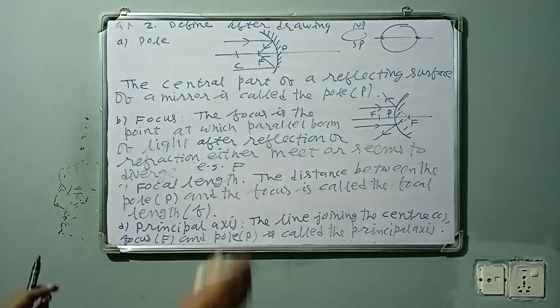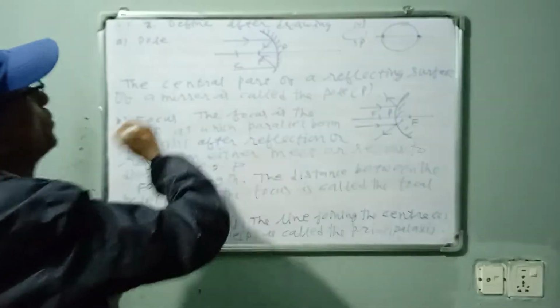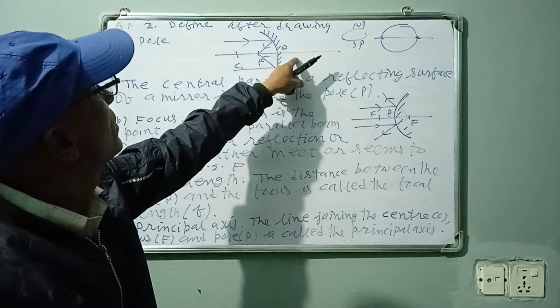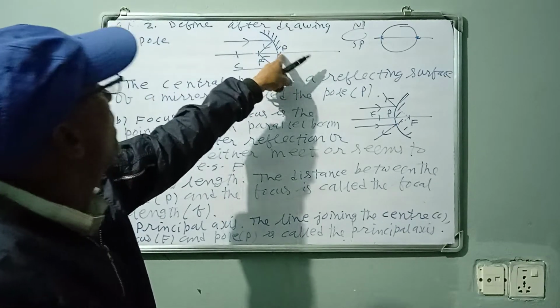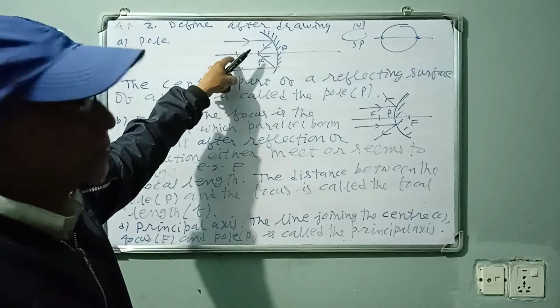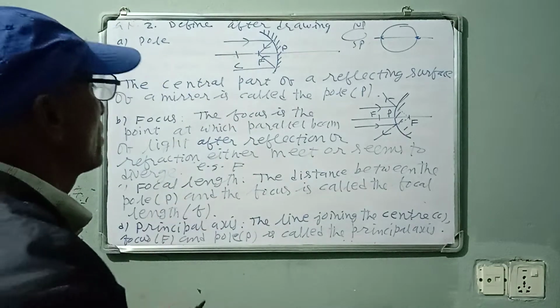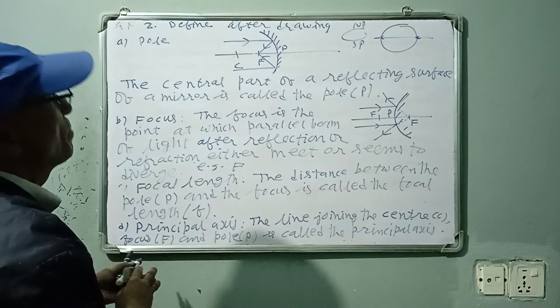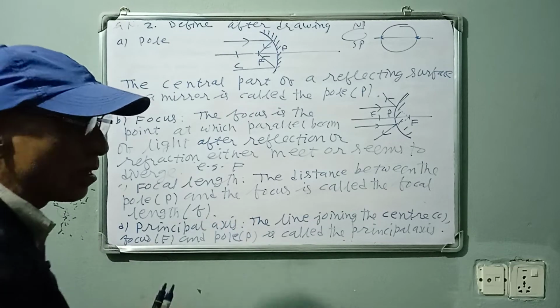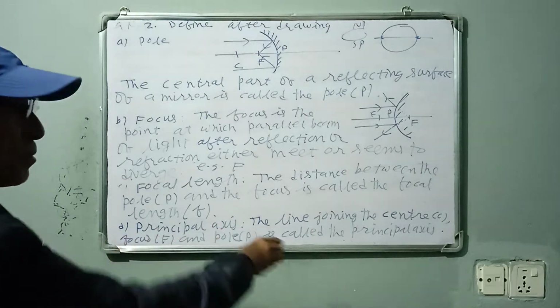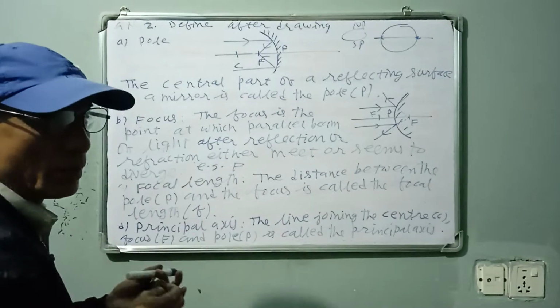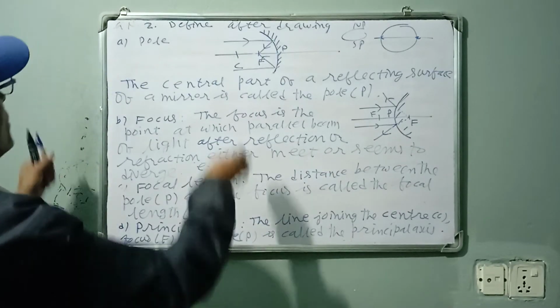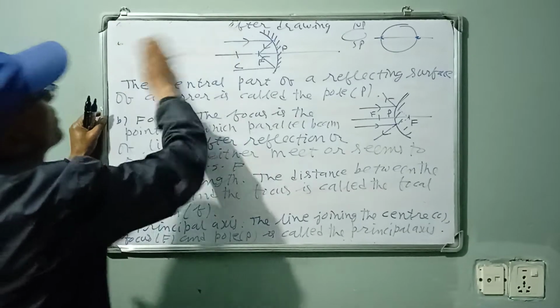The principal axis is a straight line which passes through the pole P, focus and center of curvature. The straight line passing through these three points C, F, P is what we call the principal axis. It is just like the x-axis in mathematics.